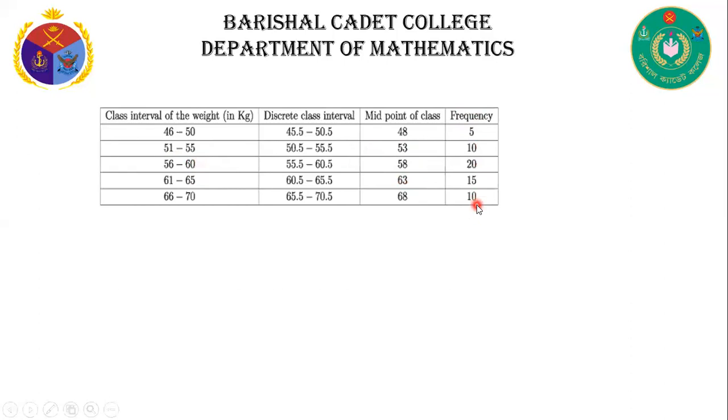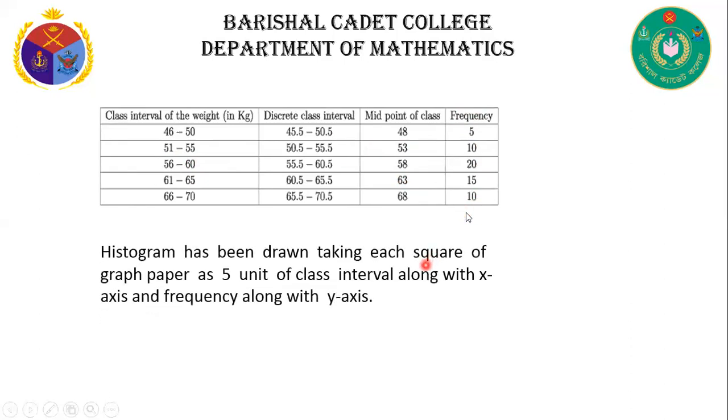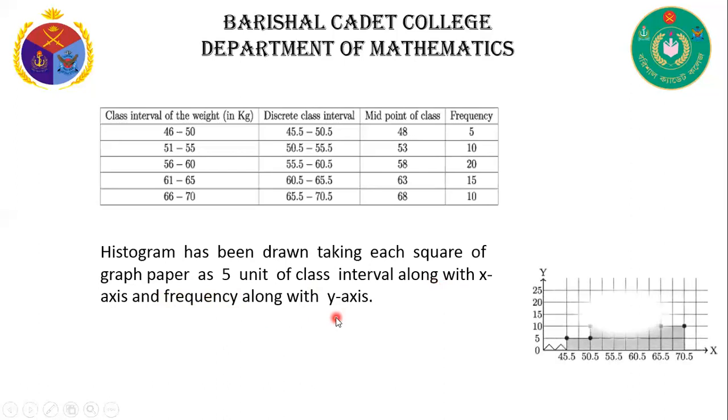Now let us draw a histogram. A histogram has been drawn taking each square of graph paper as 5 units of class interval along the x-axis and frequency along the y-axis.